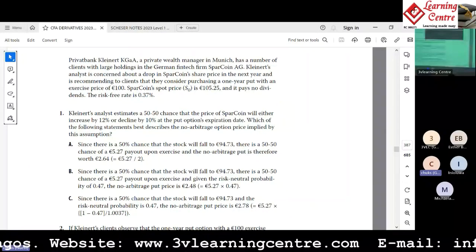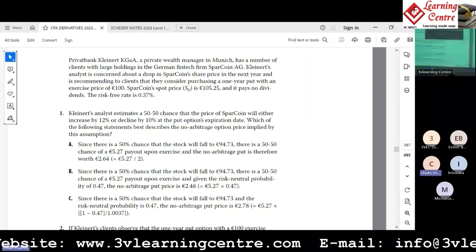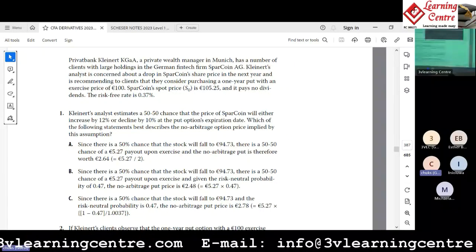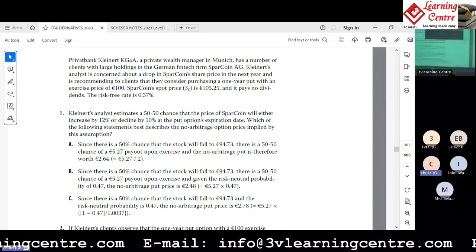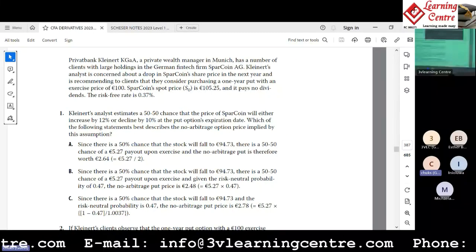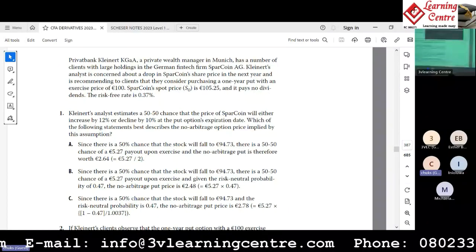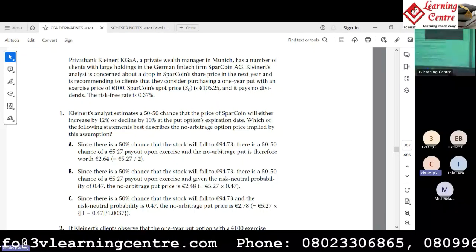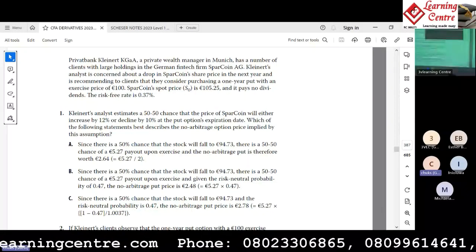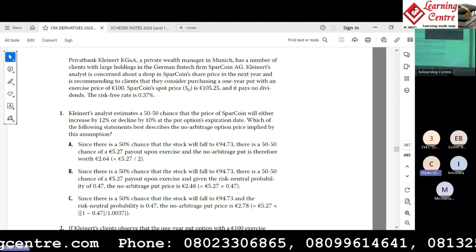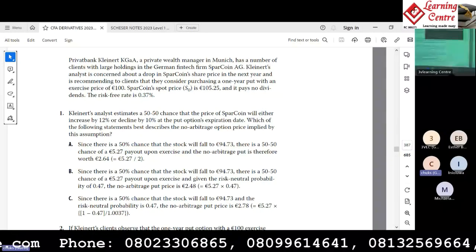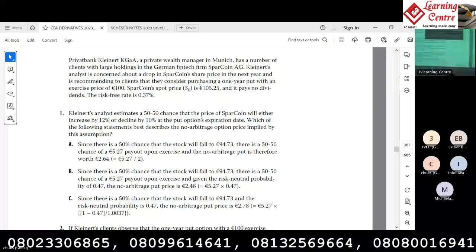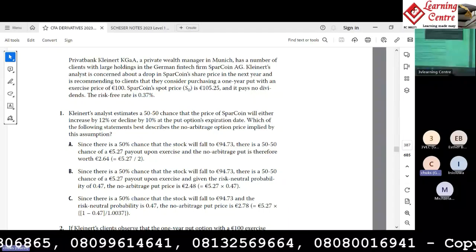Remember, you can also use the elimination method, because in our calculation here, we use risk neutral probability. We don't use the normal probabilities. Option A and option B are talking about normal probabilities, which is a 50-50 chance. So based on that, I can eliminate A and B and choose C, first of all. But we're in class, so let's proceed with the calculation.